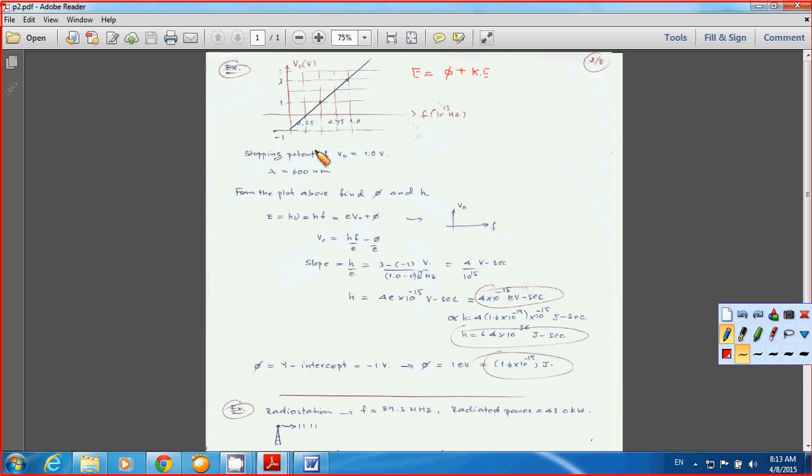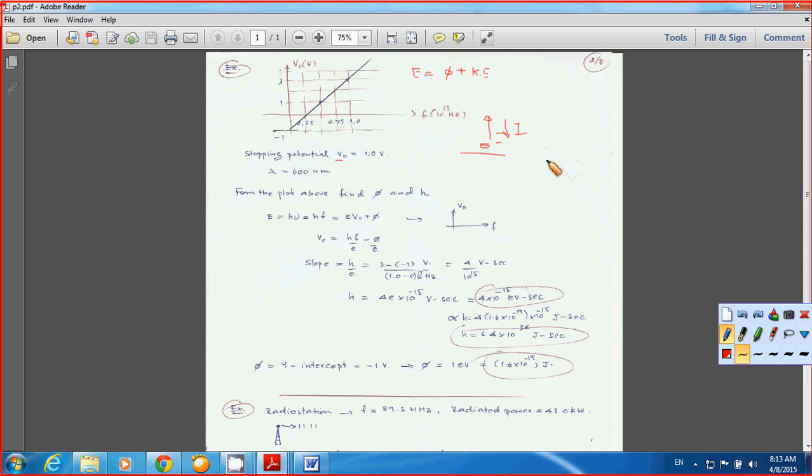V0 is the stopping potential. What does stopping potential mean? I did not mention it on the previous page. What the stopping potential means is that when you have an electron freed from the surface of any kind of material, because you have absorbed the photon energy, the electron is moving, which means you have a current moving, in the opposite direction of the electron motion, right?